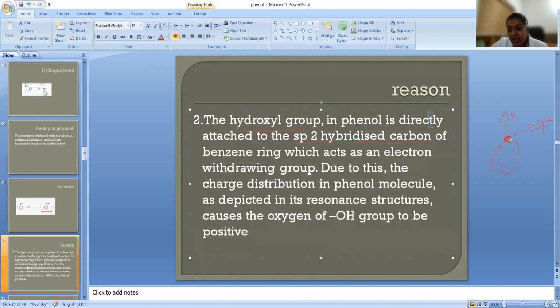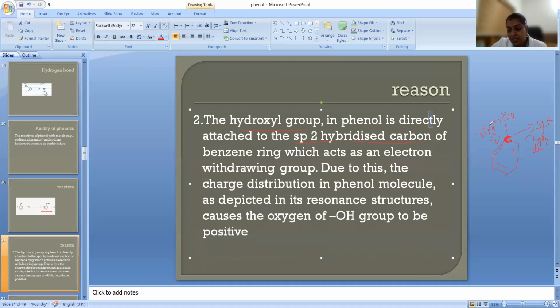And this sp2 hybridized carbon should be highly electronegative, and it will withdraw or drag electrons towards this ring. Not only this carbon, the entire ring. So the entire ring is dragging. It will act as an electron withdrawing group. It is sp2 hybridized carbon, so its electronegativity is high.